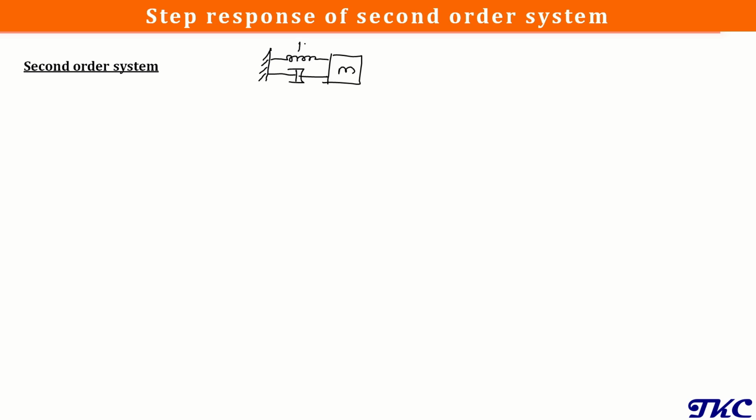Here the spring is represented by K, the damper by C, and the mass by M. When we apply a force and derive the equation of motion or mathematical model of this system, it will be m x double dot plus c x dot plus k x, and that is equal to the applied force, that is F.